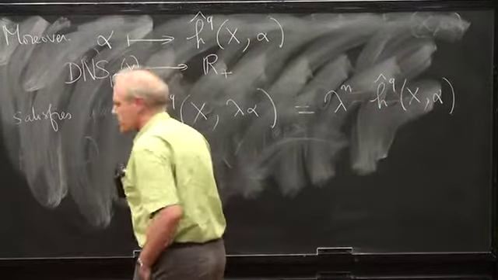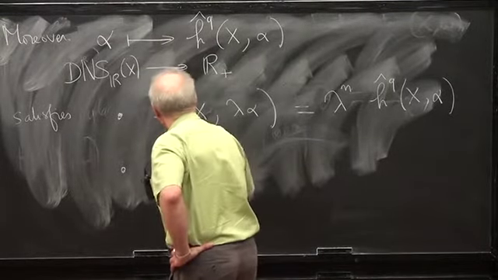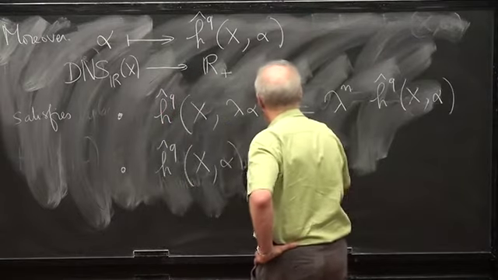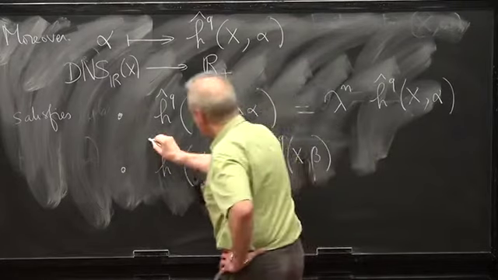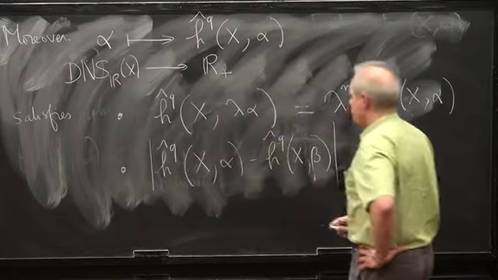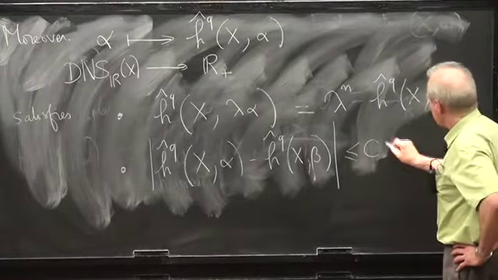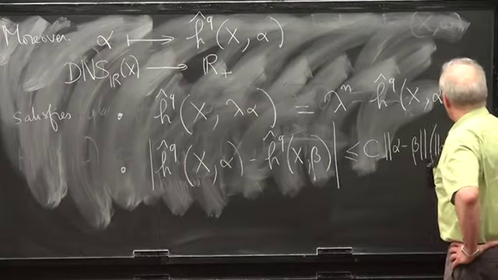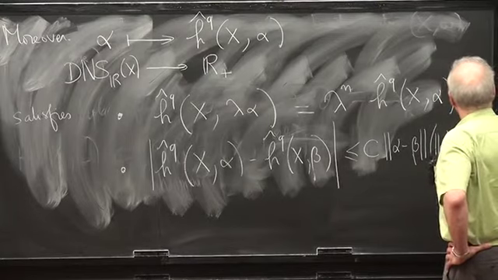And now you have some kind of continuity, some Lipschitz continuity: this will be less than a constant times the norm of alpha minus beta times the norm of alpha plus beta to the n minus 1.